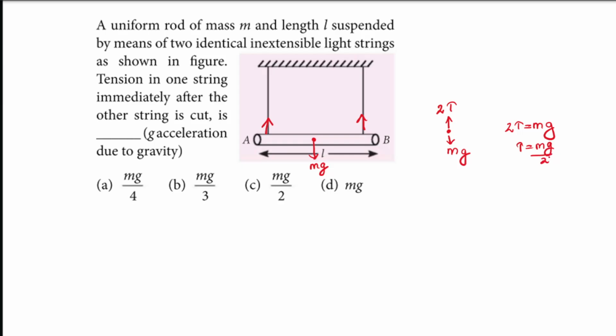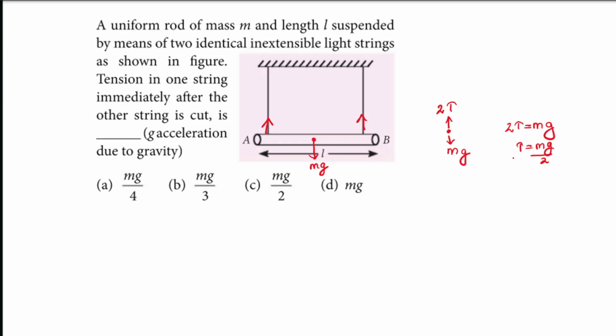You can clearly see that the weight is perfectly balanced and the tension is equally dividing the weight among itself. So this is what happens when the string is not cut and when the rod is not moving.